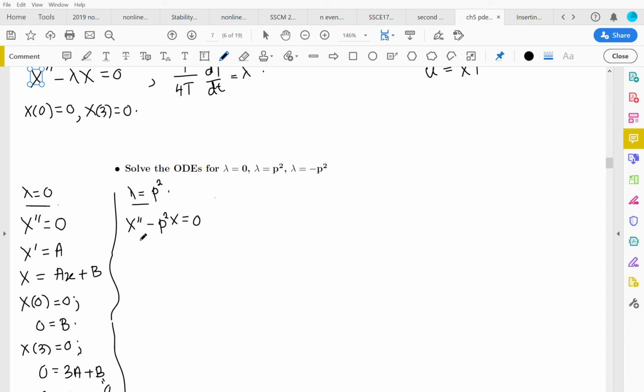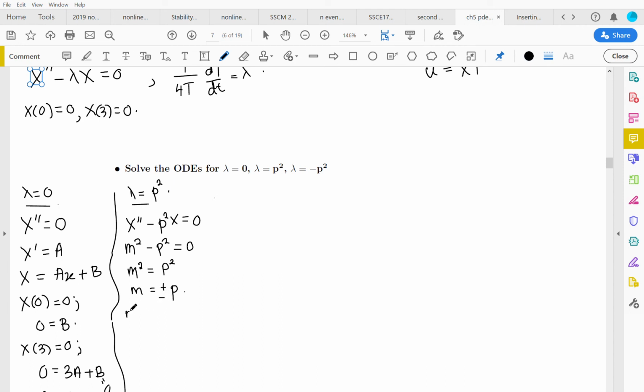You have to apply back the method for solving homogeneous second order ODE, beginning from the characteristic equation. This is m square minus p square equal to 0. The difference now is we don't have the value for this, this is a constant actually. So find the roots for m square equal to p square. So we have m equal to plus or minus p. So this is case 2, different value for the roots.